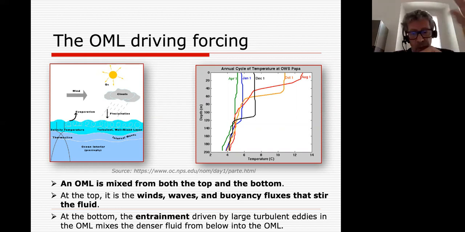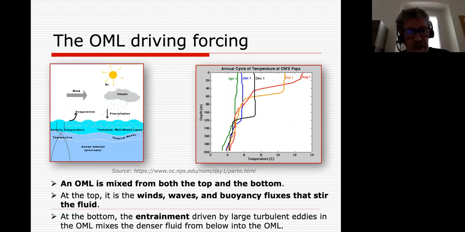Waves and wave breaking also contribute to the stirring, and also the buoyancy fluxes. If you have cooling during the night, the denser water at the surface goes down because it is denser than the surrounding water, and this creates additional stirring.